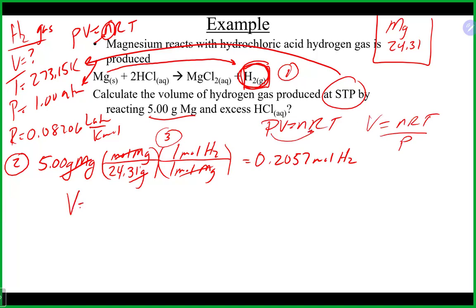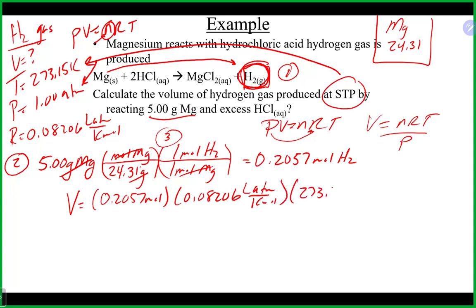So the volume in this case is moles, 0.2057, our 0.08206, which is our gas constant, our temperature at STP, 273.15 Kelvin, all divided by our pressure at STP, 1 atmosphere. Atmospheres cancel, Kelvin cancel, moles cancel, leaving us with liters left over.